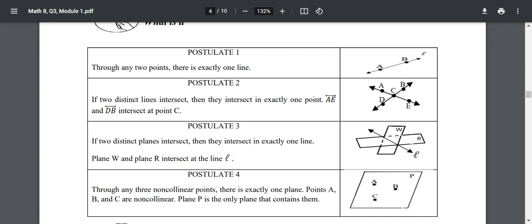Next, postulate number 2. If 2 distinct lines intersect, the meaning of intersect, magtagbo, then they intersect in exactly 1 point.